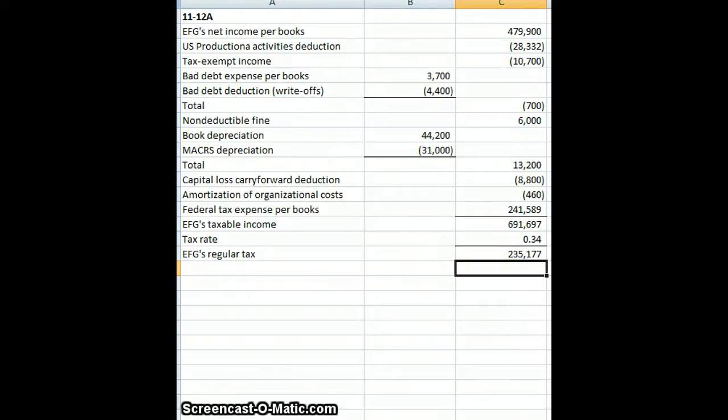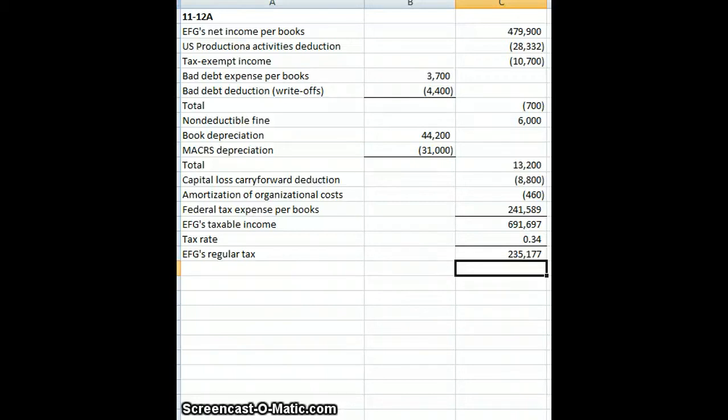Okay, so if we were to go ahead and do the Schedule M-1, we put the net income per books, we put the federal income tax per books, and then we do basically a summary reconciliation of what we just did to get down to our $691,697 of income. To get that, we add back the difference in depreciation. We add back in the fines, because again, those are non-deductible fines.